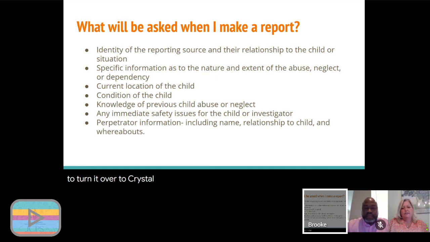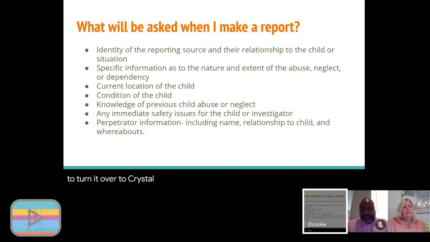Any immediate safety issues for the child, but that's also as well as for our investigative worker. We want to know the situation as well as we can. I get that sometimes may not always be possible, but as well as we can for what our worker is walking into. And then it's always very important when and if possible to know the perpetrator information, including the name, relationship to the child, and the whereabouts.